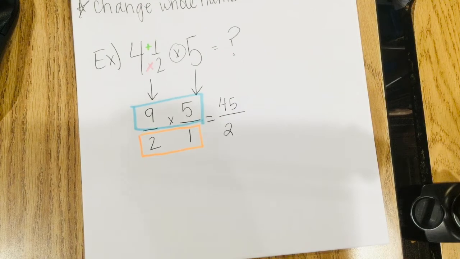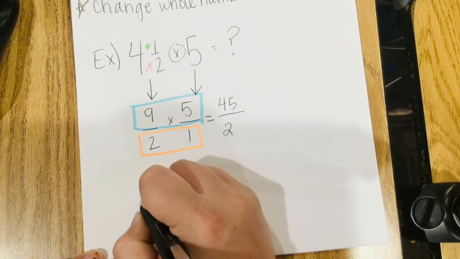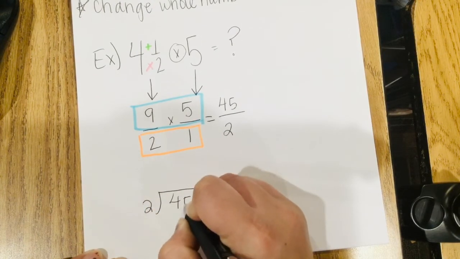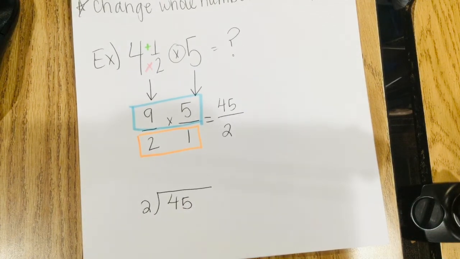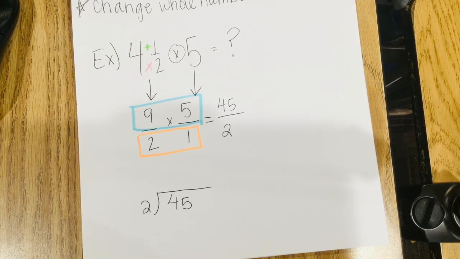So our numerator becomes the dividend. So 45 divided by 2. If you can think of a really, really big number, go for it.